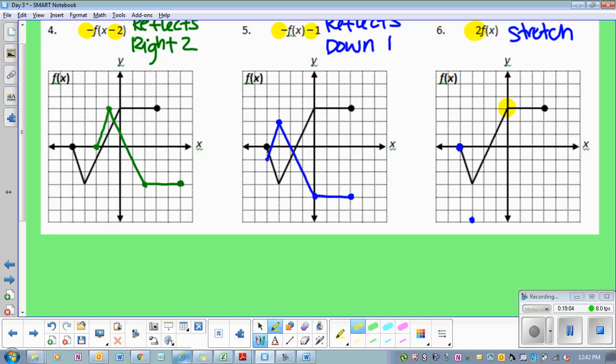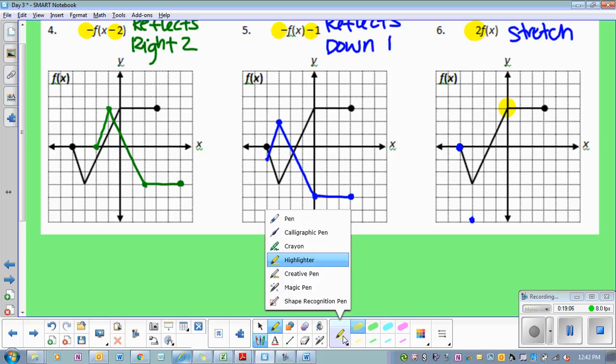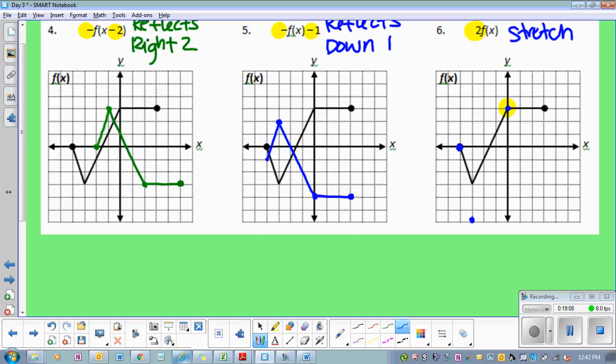How about, oh no, I get the highlighter. How about this one? Yeah, right now it's up 3. 3 times 2 is 6, so it needs to go up to 6. So just 3 more. There we go. Does that make sense? And then this one, up 3. You need to go 3 more.